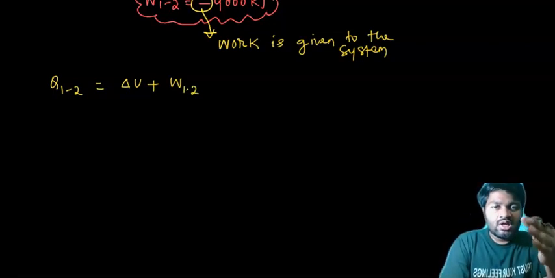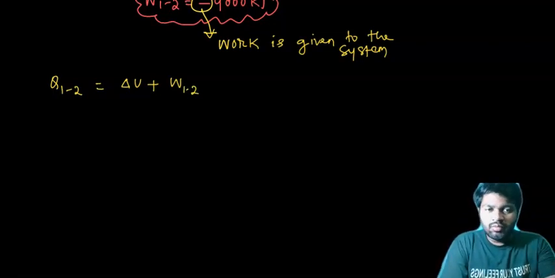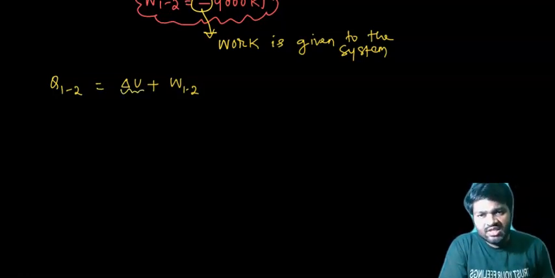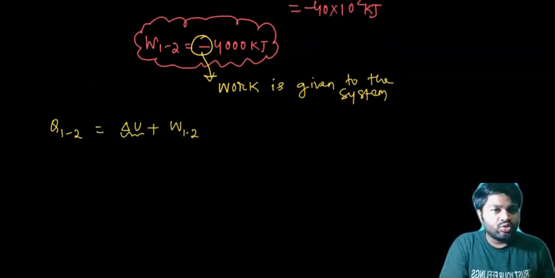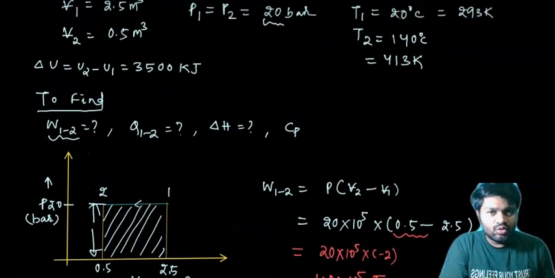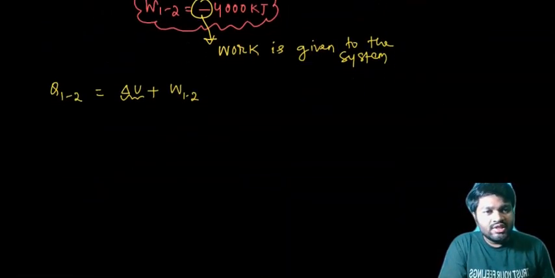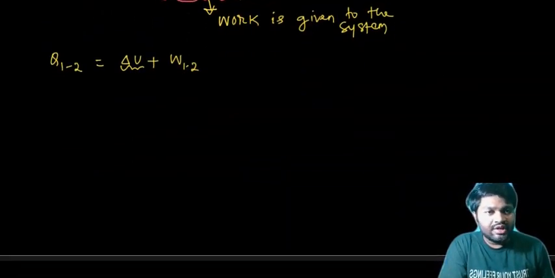So just now we found the value of W12, and we are already given this value, right? In your question it is directly given, so we can take this value directly, right? So by using these two data we can find the heat interaction. So just try to find that.